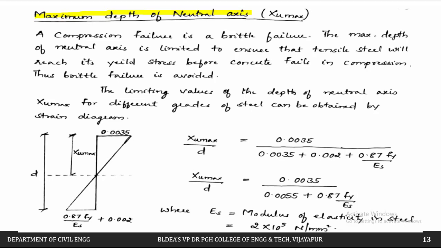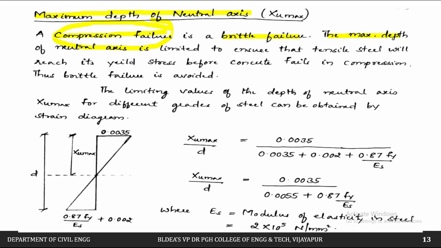As we have studied over reinforced section, under reinforced section and balanced section. An over reinforced section is called compression failure. An under reinforced section is called tensile failure. If you want to avoid the over reinforced section, that means a compression failure, why? Because it is a brittle failure.